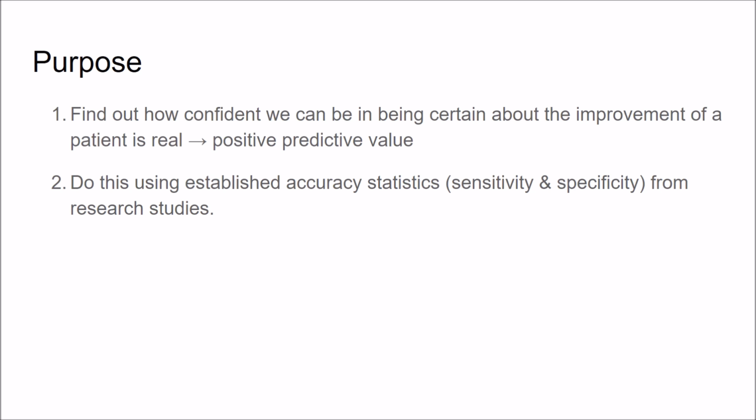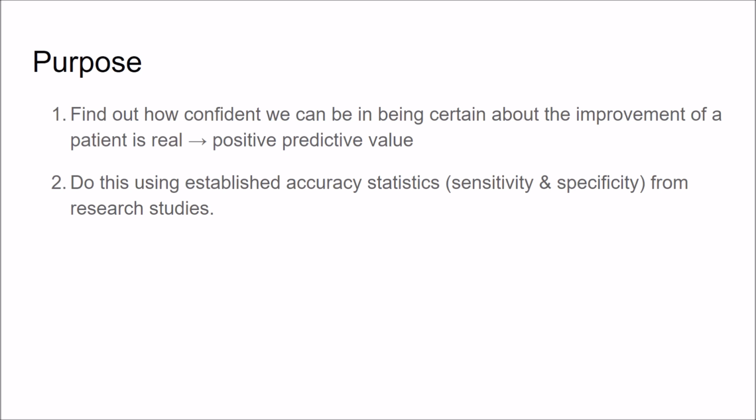I'll define that in the later slides, but what they essentially try to find out is how accurate a test or an outcome measure is in determining if someone has actually improved, or in some circumstances when used in diagnostics, is used to determine if someone actually has the disease or a particular condition.